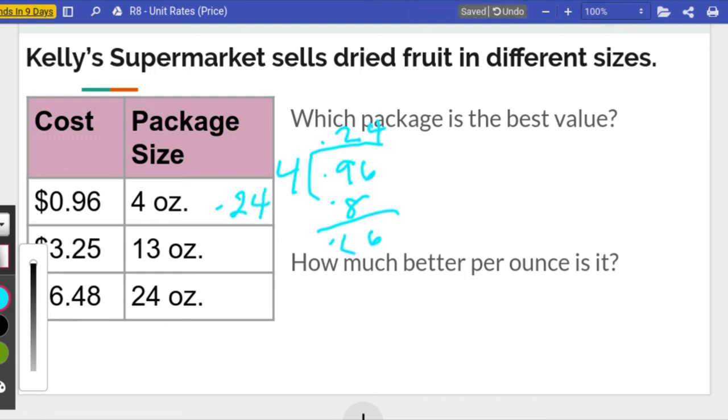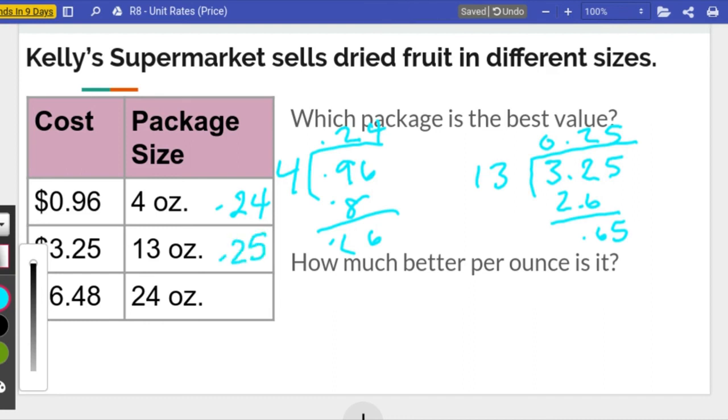So $3.25 for 13 ounces. Let's divide it by 13 to figure out the cost per ounce. Is 25 cents per ounce. So it's 1 cent per ounce more.